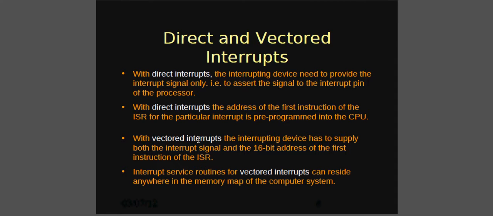As you send the interrupt signal, you also have to provide the processor with the 16-bit address of the first instruction of your interrupt service routine. This is not really commonly used. The one that is commonly used is the direct interrupt. Even the example shown in the interrupt lab module is the direct interrupt.